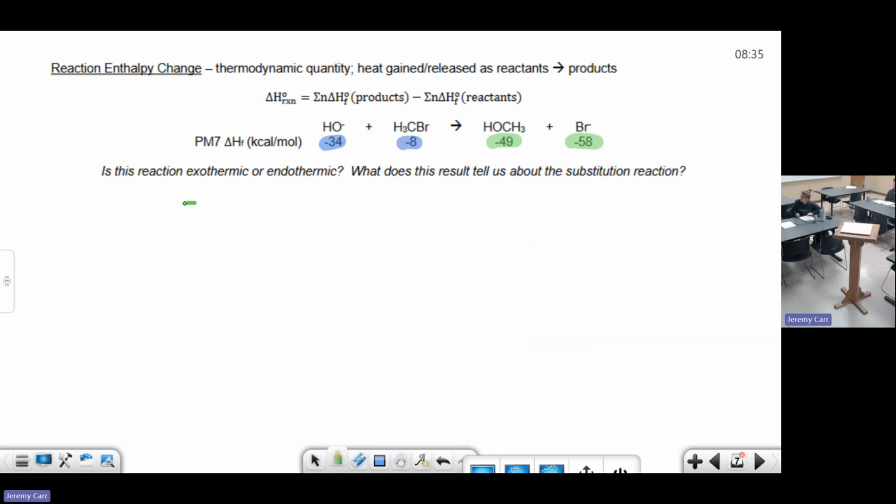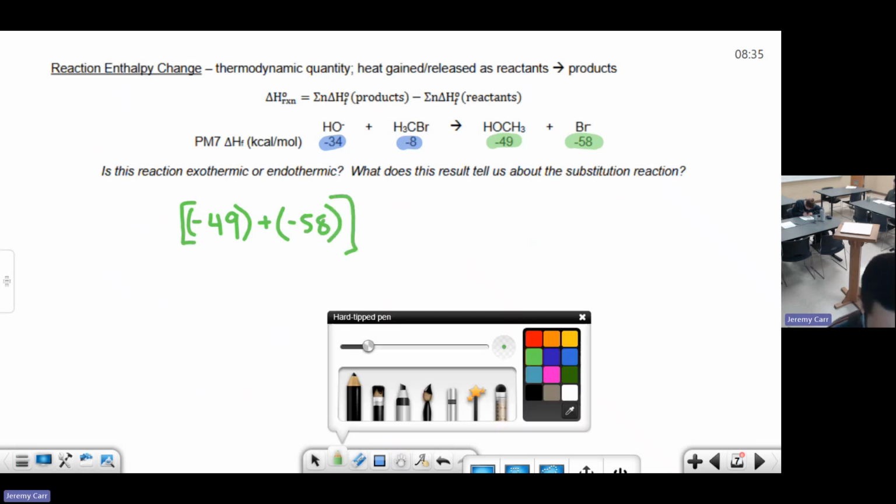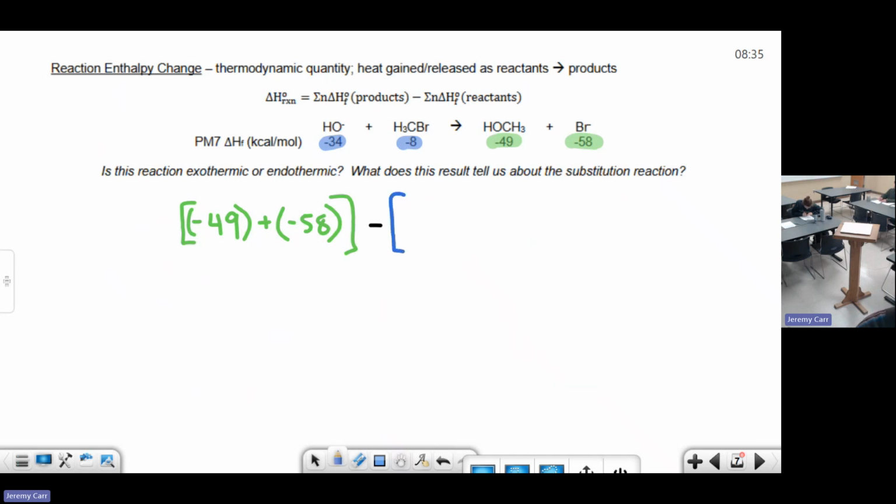It's easy to do. We're going to take negative 49 kcal per mole. We'll drop the unit here because this isn't Gen Chem. And we're going to go ahead and add negative 58 according to the equation. Some of you guys may remember this from Chem 2. And then we are going to subtract the energy of the reactants.